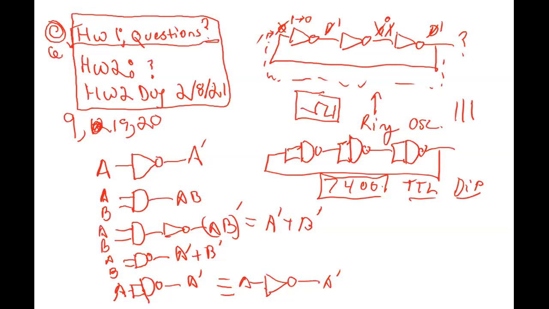What do you think of that? Professor, I have a question. Sure. You said it has 4 NAND gates, but wouldn't the output just be 1 or 0, whichever you started with? Well, in the case of 1 NAND gate, that's true.